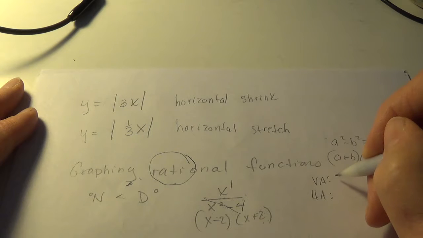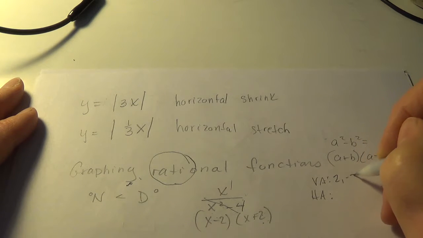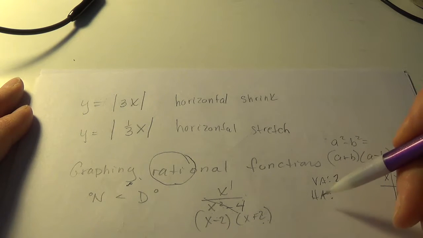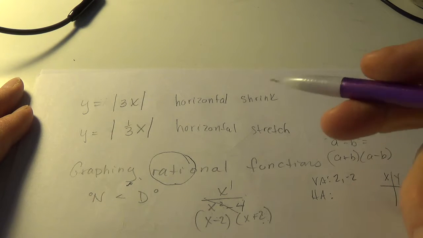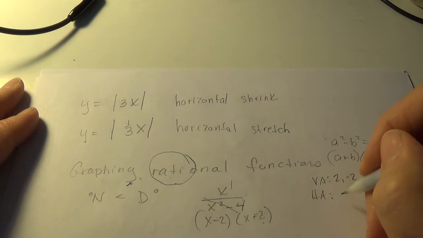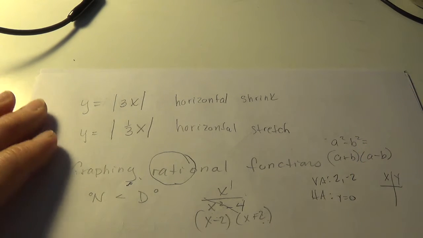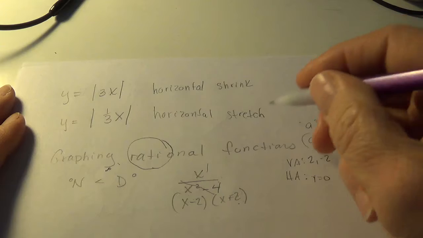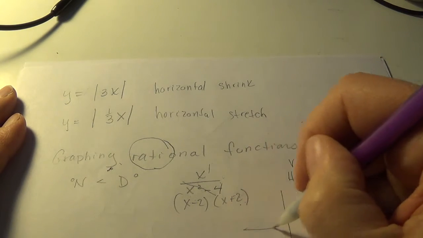So we get vertical asymptotes at 2 and -2. And do you recall, Jordan, how you get the HA in this case? It's always the same, y equals 0. So when you graph these, you will put those in.